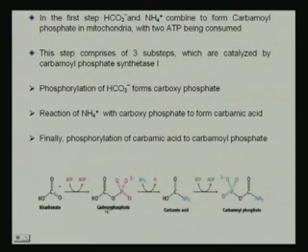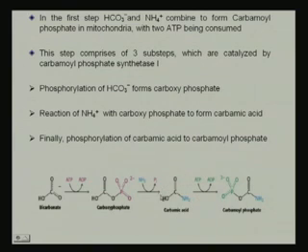Now, when carboxyphosphate is formed, then ammonia in the form of ammonium ion is coming and playing a significant role. This ammonia is coming and forming the carbamic acid. That means this carboxyphosphate, once again, undergoes removal of the phosphate group and becomes carbamic acid.